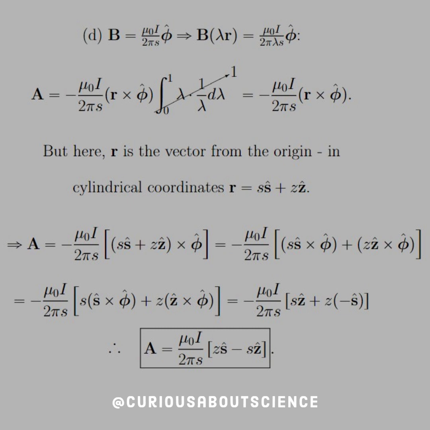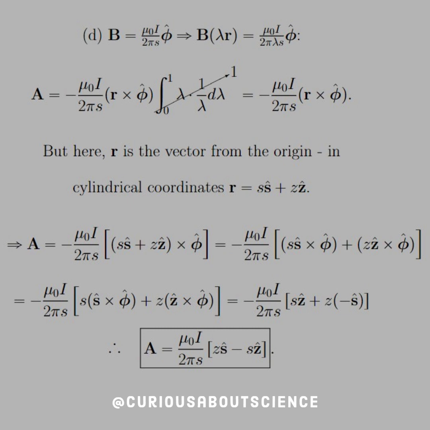And that whole integral goes to 1, leaving us with negative mu naught I over 2 pi s R vector cross phi hat. But here, R is the vector from the origin, and in cylindrical coordinates would be represented as s s hat plus z z hat, right? Because the cross product of a vector with itself is 0, so it doesn't pay to incorporate the phi hat.